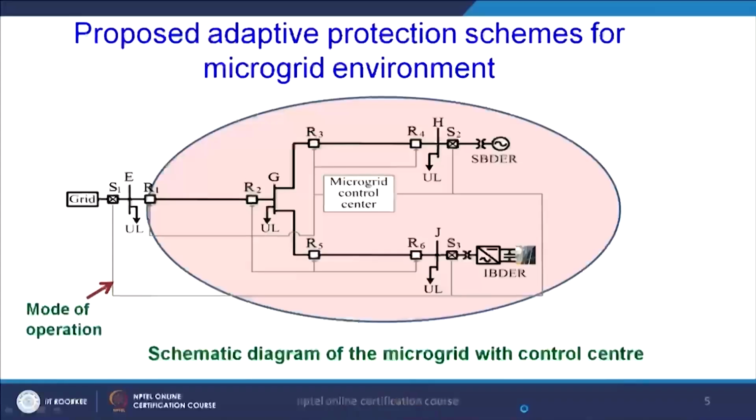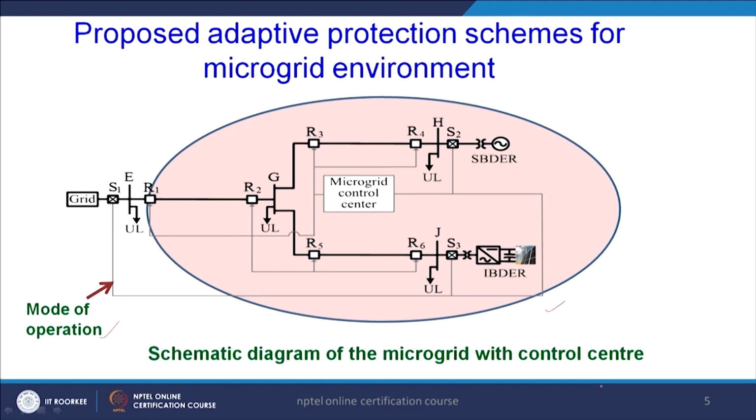Now, we come to the particular adaptive protection scheme that we have proposed. Here the main concern is that we have to know the mode of operation of the microgrid system, meaning whether the microgrid is islanded from the main grid or connected to the grid.